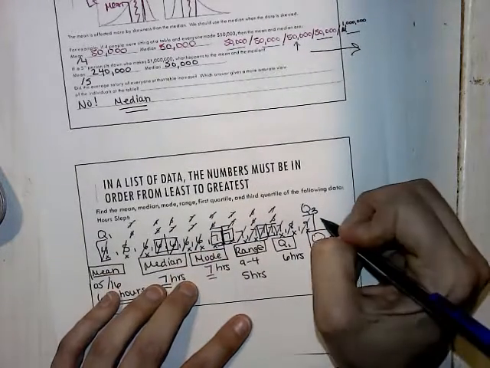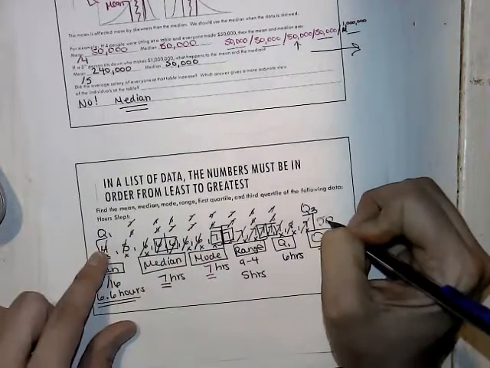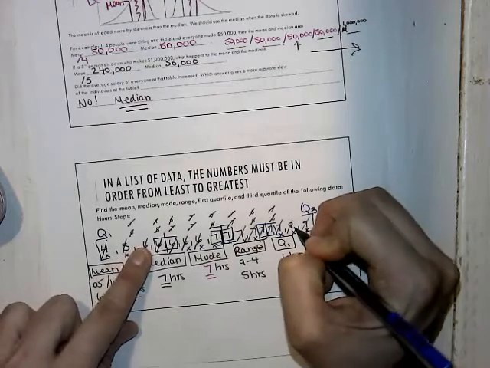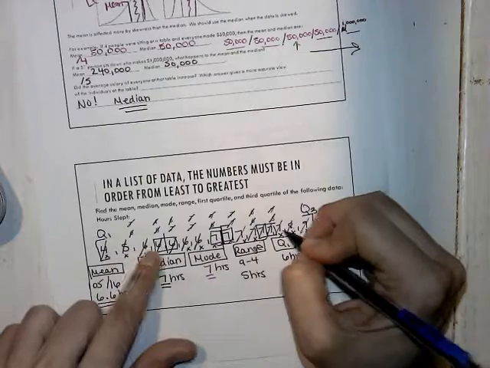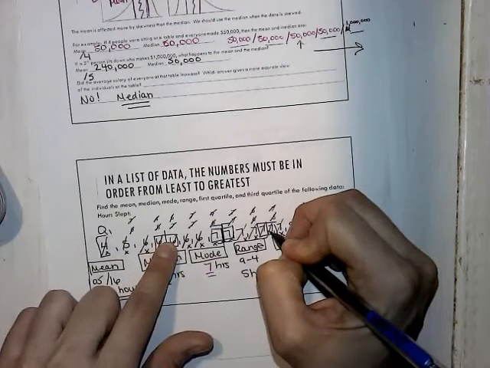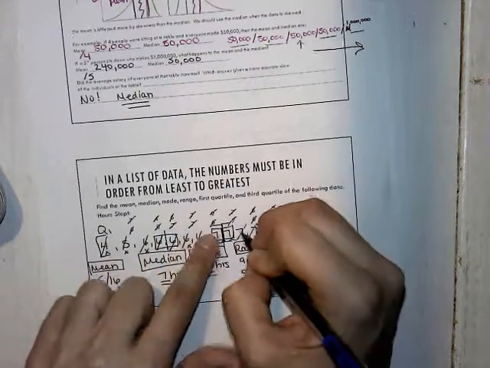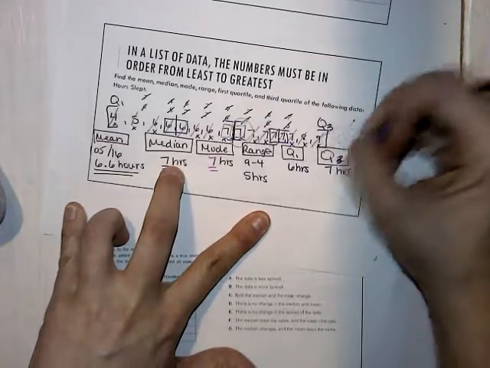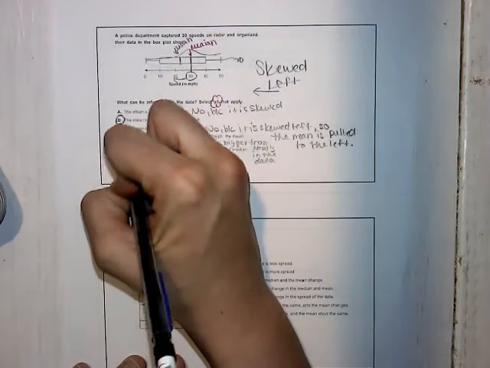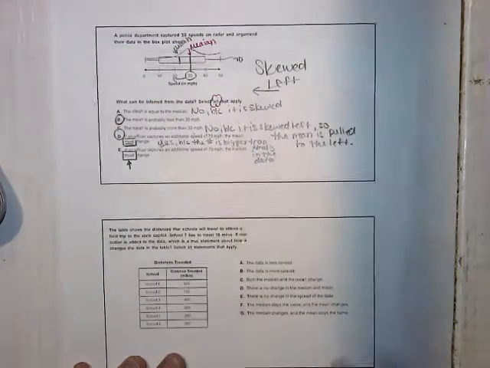For example, if I added 50 over here, does my median need to change? And the answer is no. It doesn't change my data. So it's important that you realize that because numbers can repeat, the median does not have to change. So this is saying it must change. Well, no, it does not have to change. Now the mean will change.